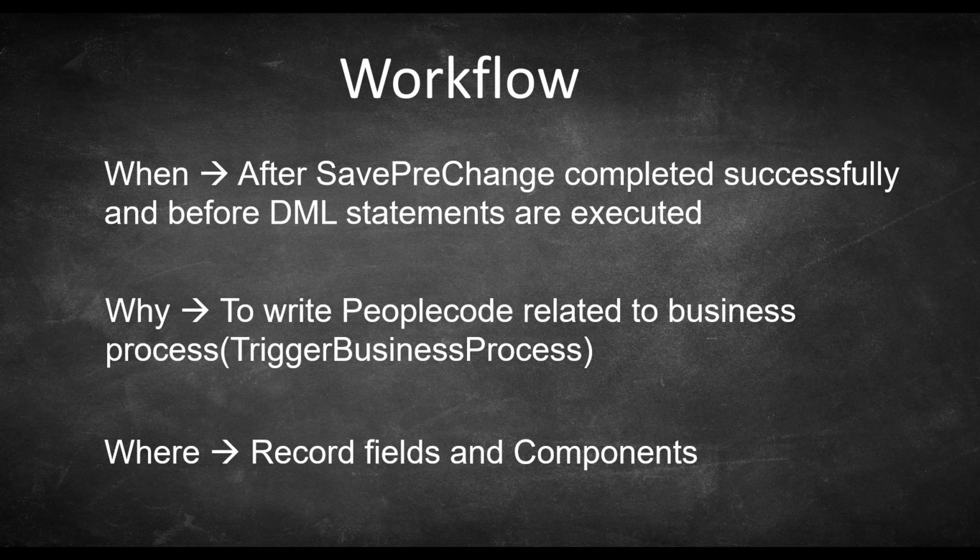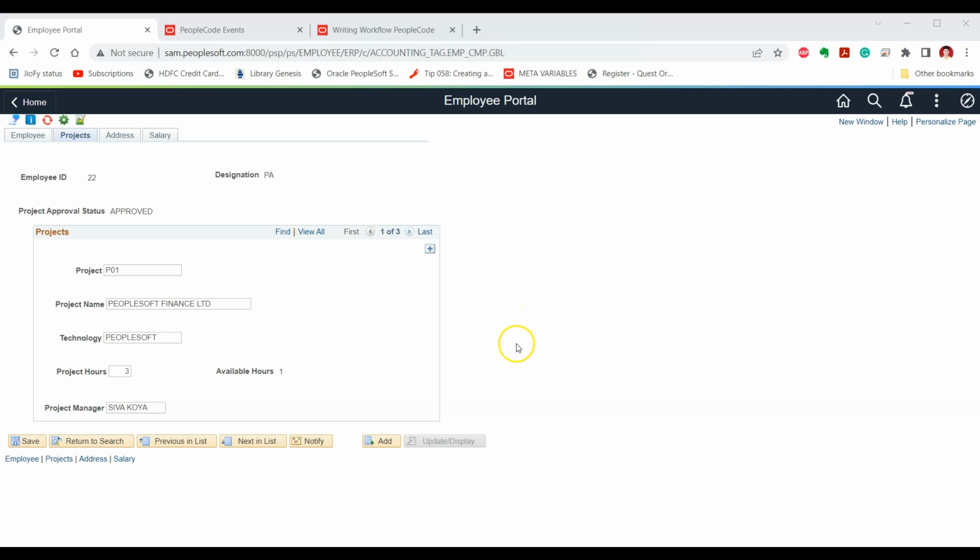So there are scenarios where we require approval. For example, if we are trying to make a change in the project information for an employee, then we may have a requirement that the approval processes should be triggered here. This project change might require approval from the manager or from the director.